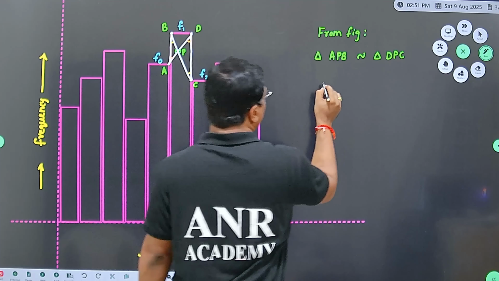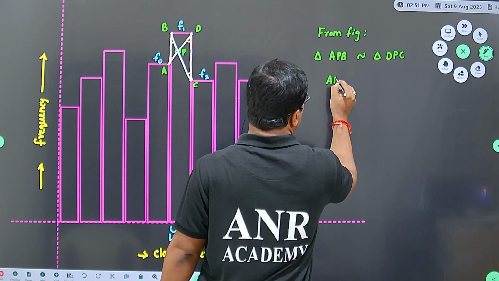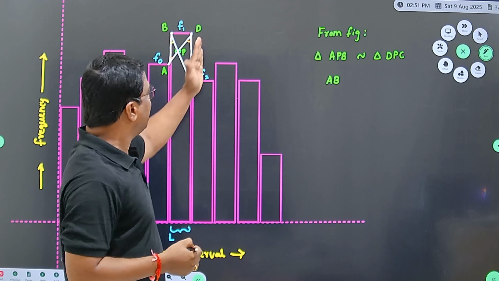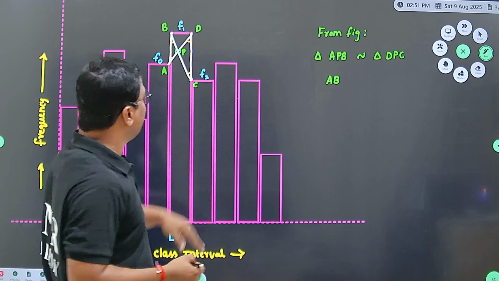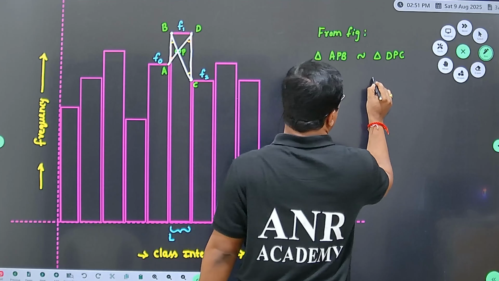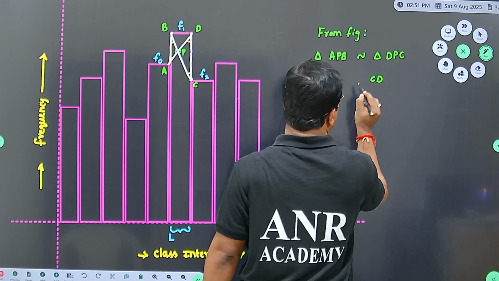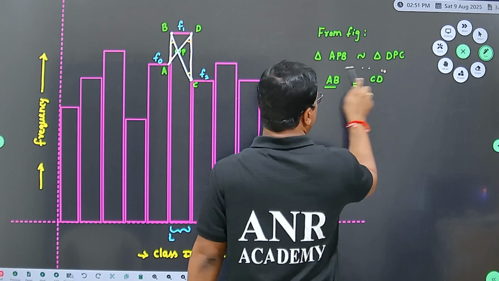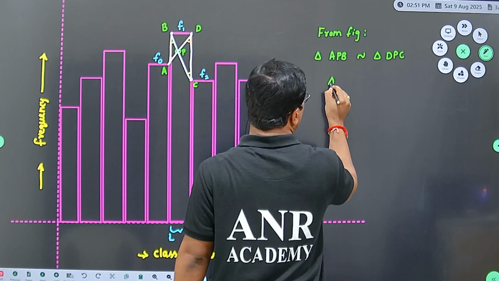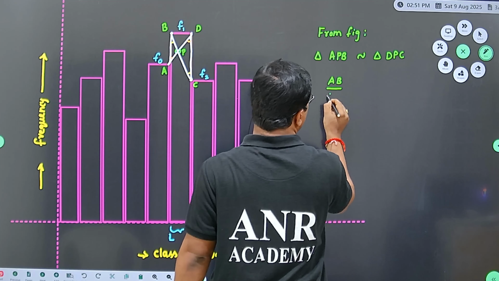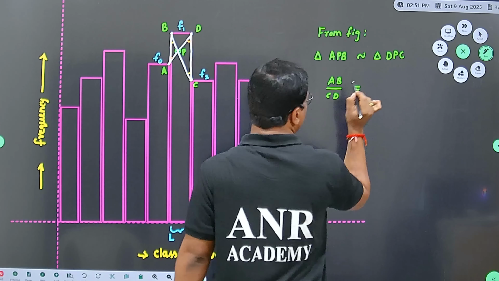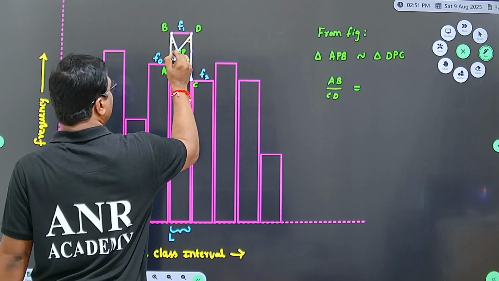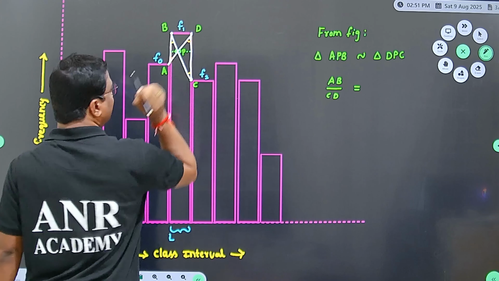AB is one of the sides of triangle APB, and the corresponding side in the next triangle is CD. The ratio of sides AB to CD is equal to the ratio of their heights, I can write.